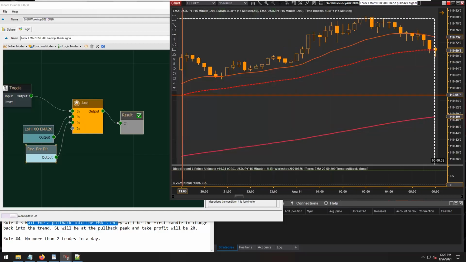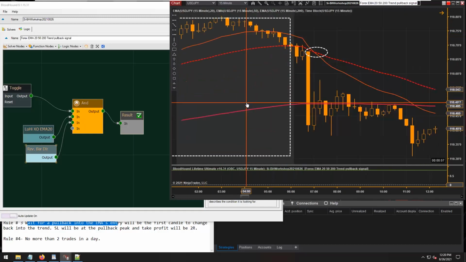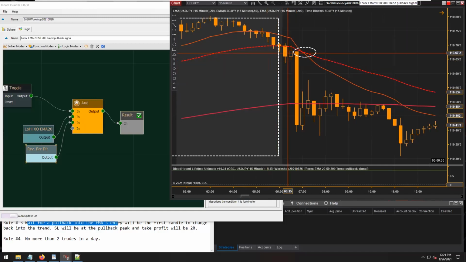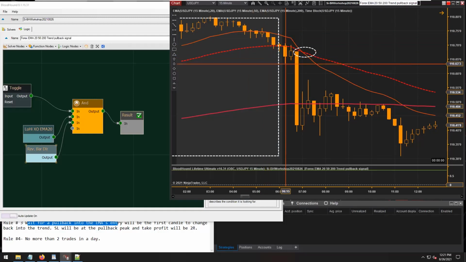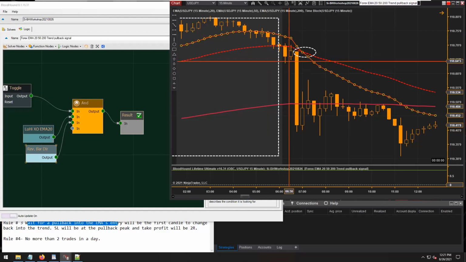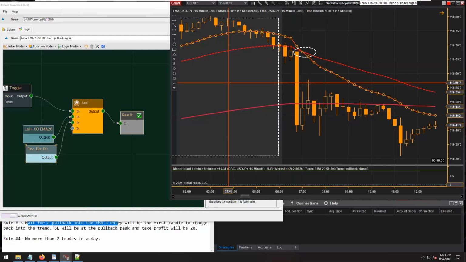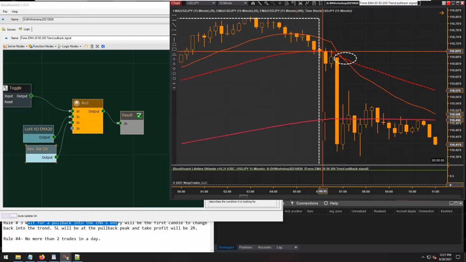Actually, you know what? Yeah, looking at this kind of pointed out that actually a crossover's not working. So we better just check to see if the low goes below the EMA 20 instead of looking for a crossover. As this kind of illustrates here.